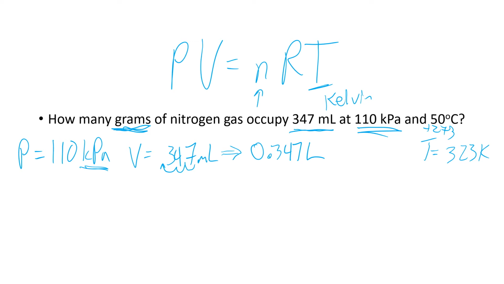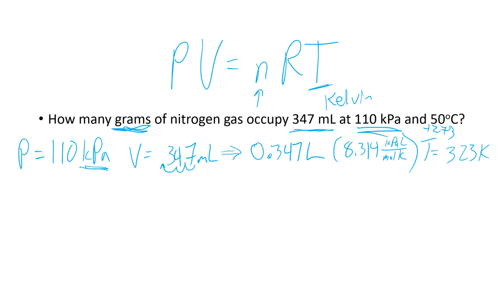All right, so the R that we use with kPa is 8.314. That's kPa liters per mole Kelvin. So that's the one we have to use. That's the key to when you do these problems, is you have to know when to use these things.